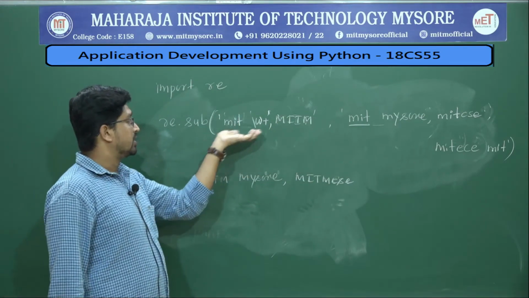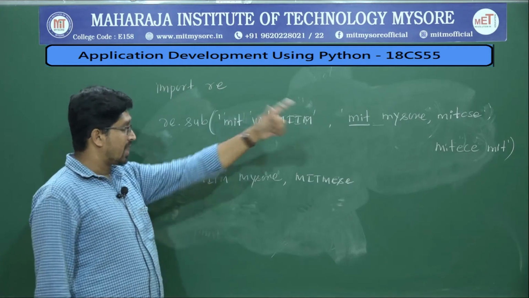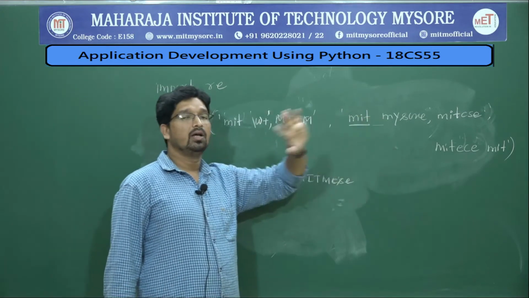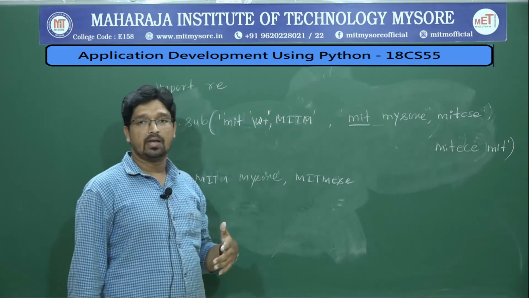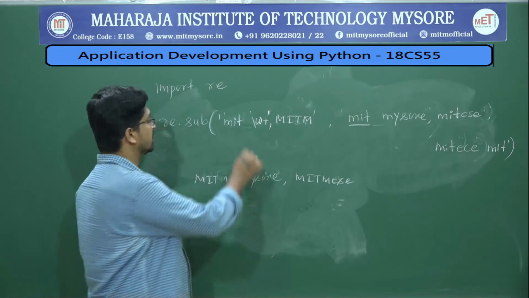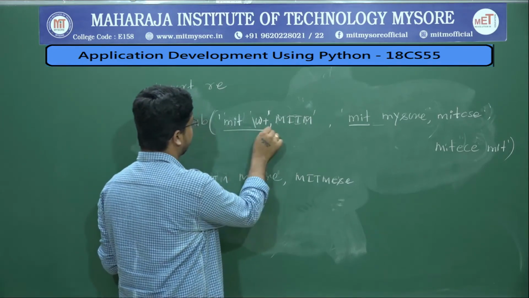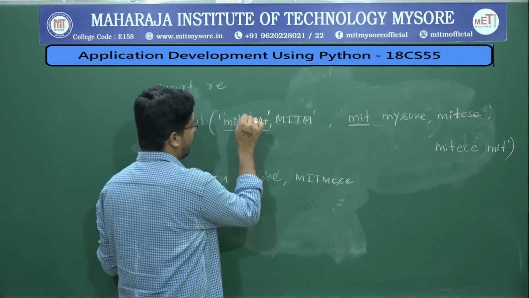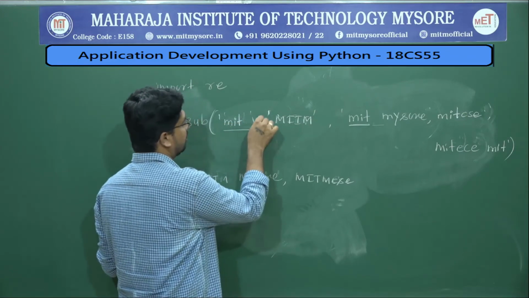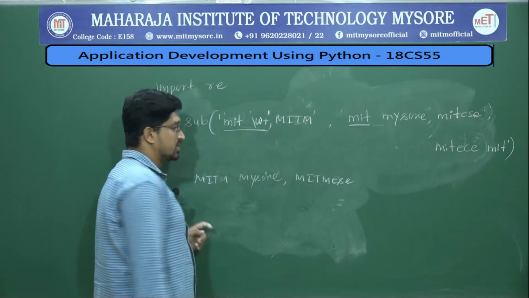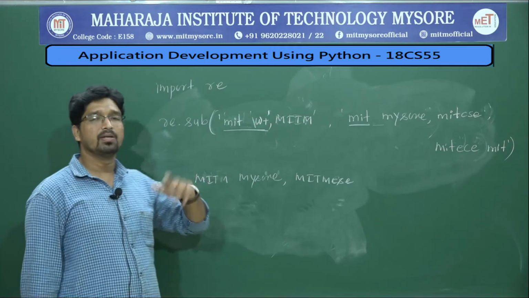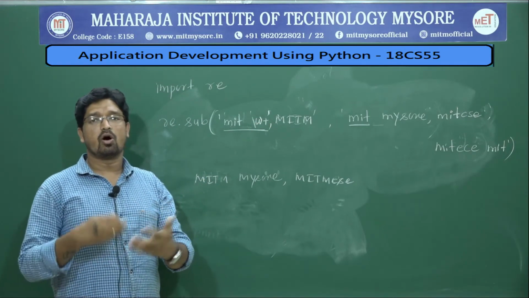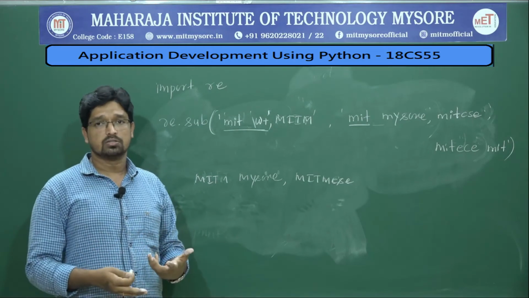My question is whether this last word MIT will get replaced with MITM. No, because we have written the regular expression such that there should be MIT, a space, followed by some word. So this is what the drawback means. You need to consider all possible solutions.